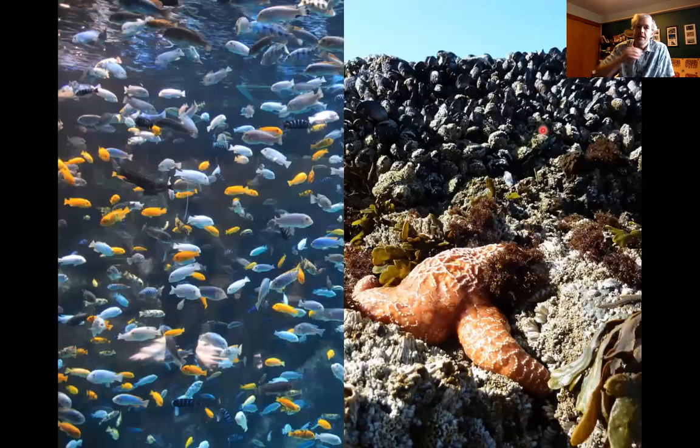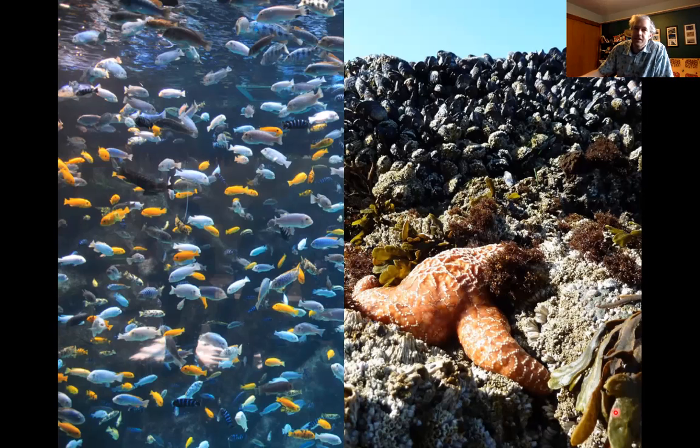So if we compare that difference in these two communities, in this community, yes, we've got lots of species, but we also have lots of individuals of each species. In this community, we've got a few species, but we've got very different numbers of individuals within each species.